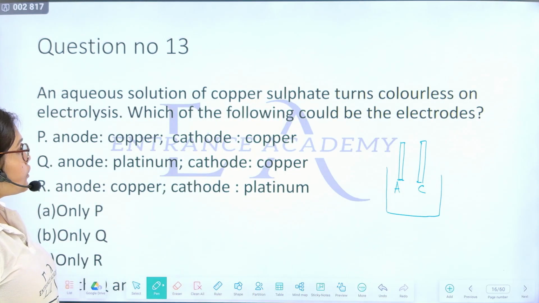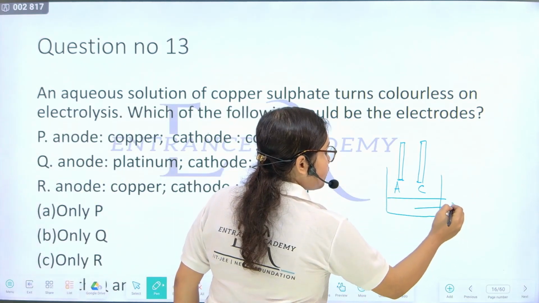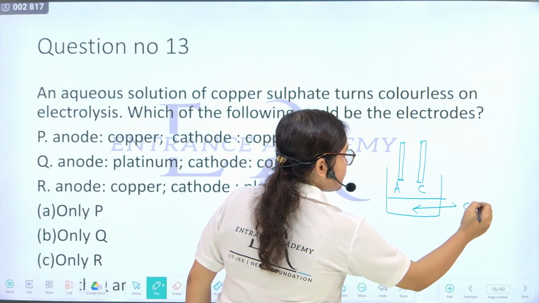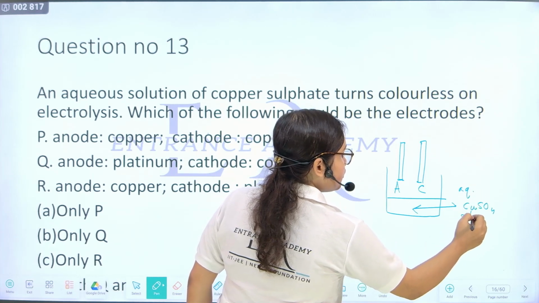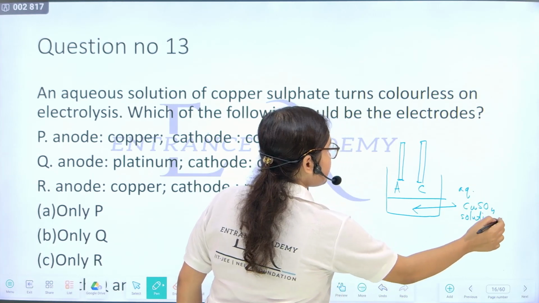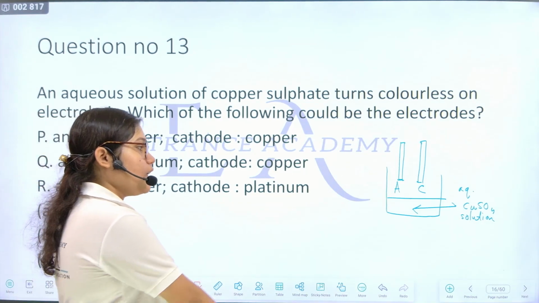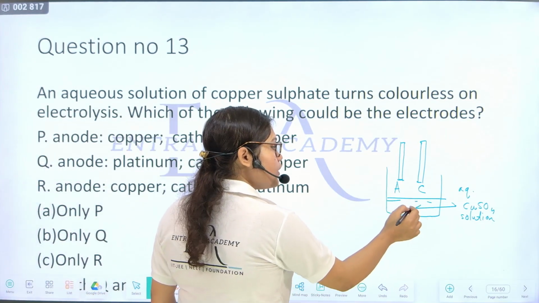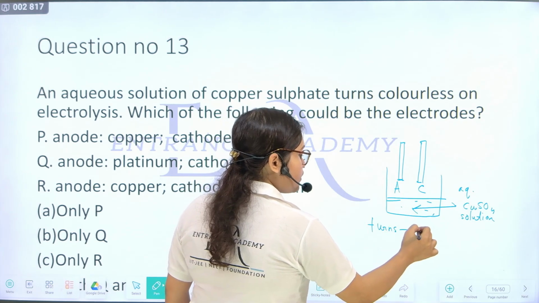This is the aqueous solution of copper sulfate, which turns colorless on electrolysis. So the color of this solution is colorless.